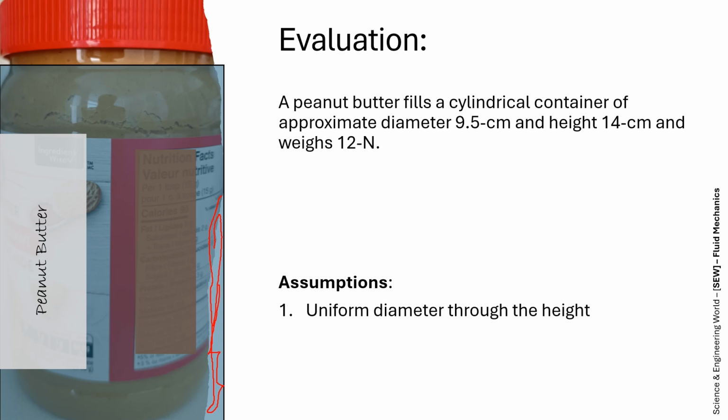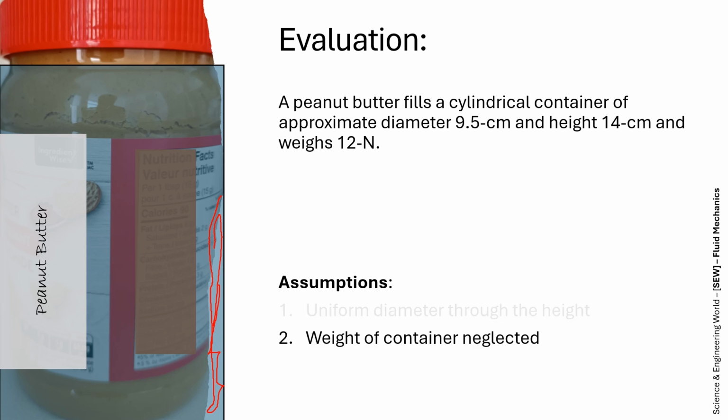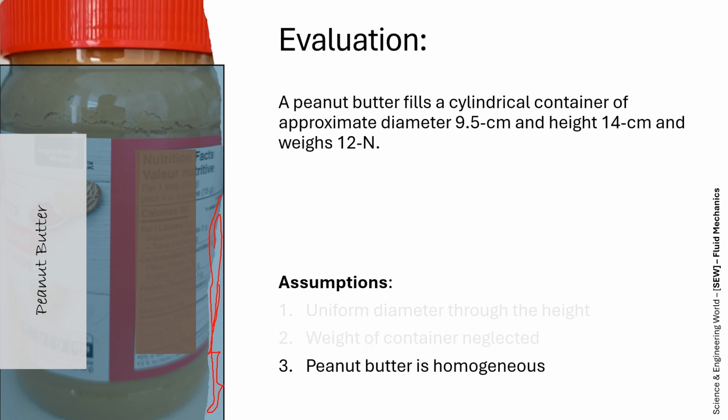So we're considering that the diameter is uniform. The second is that the weight of the container is neglected. The third is that the peanut butter is assumed to be homogeneous, in the sense that the properties of the peanut butter are uniform throughout the volume of the container.